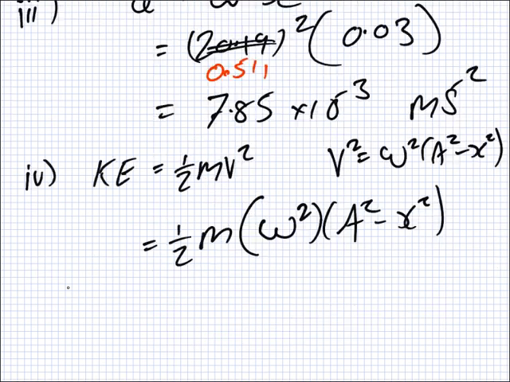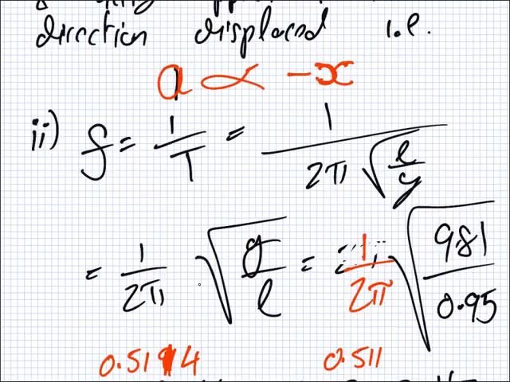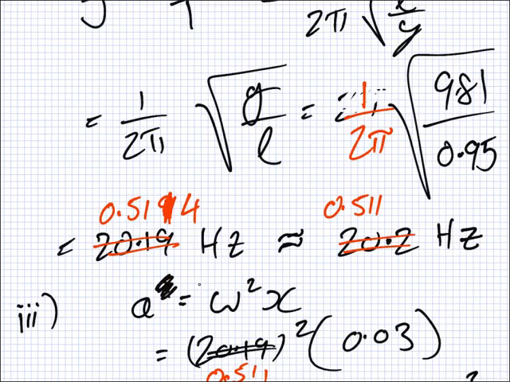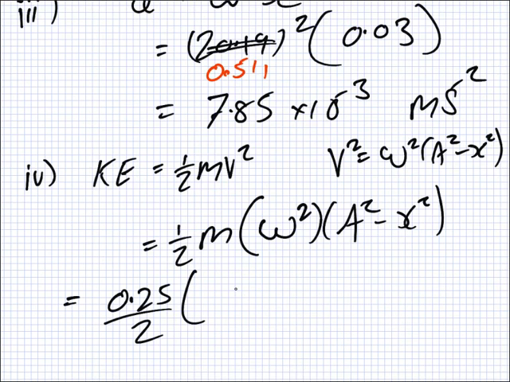So that's 0.25 over 2. What did we say the omega was earlier? We never actually got the omega earlier. Well, it'll be 2 pi f.